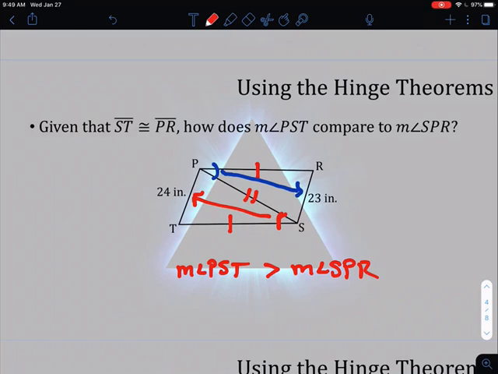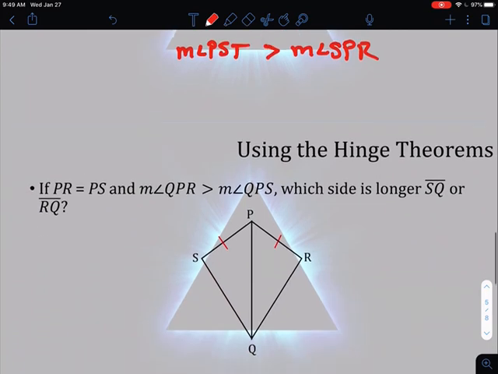I know those two angles have to be related that way because SPR is across from the smaller side in the figure. So big side to big angle, small side to small angle.